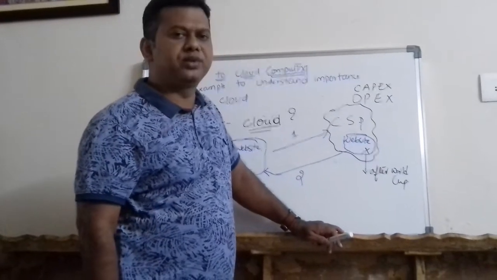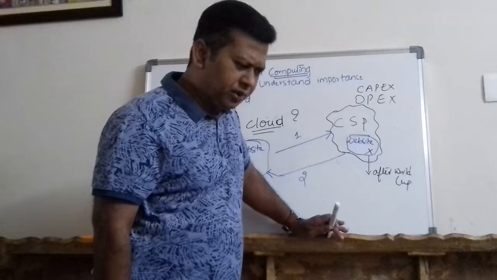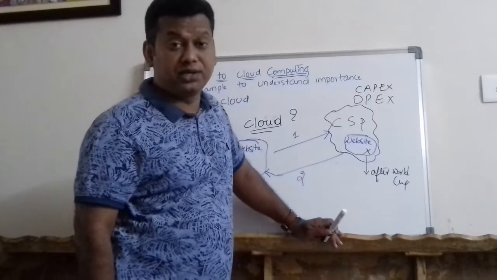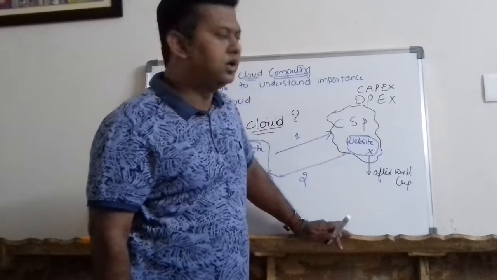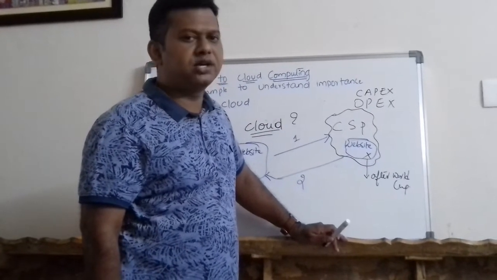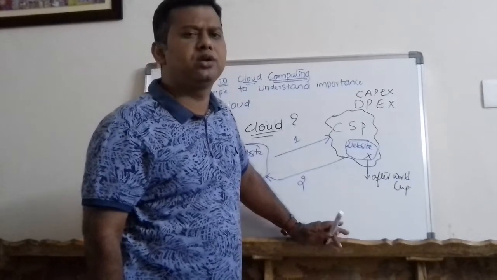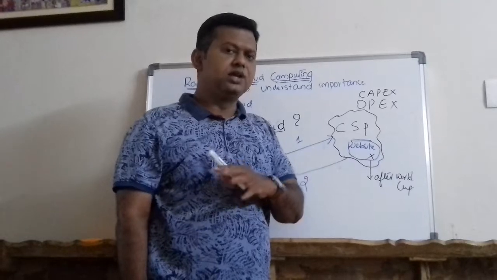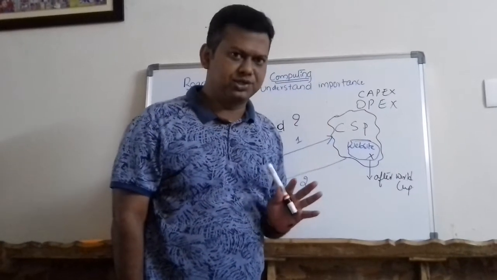He will see that the required amount of computing facility is given to my website, so that my website never goes down, and accordingly I will be billed. The bill which I get after the World Cup is very nominal when compared to setting up my own computing facility, which will in turn be underutilized.